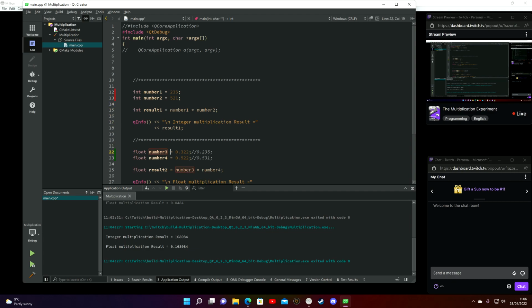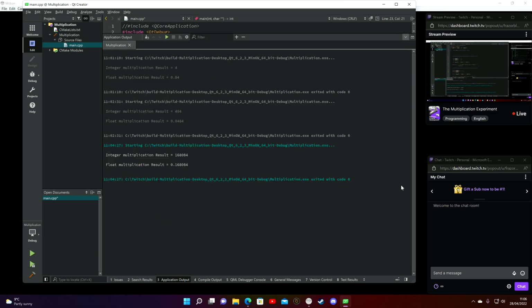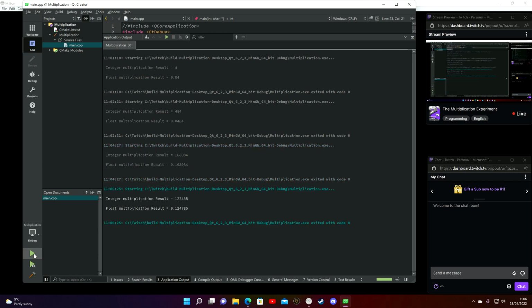And my first thought was, we can't use these two numbers in this experiment because they don't work. And then I thought, well, hold on, I'll have to prove that they don't work, so I put these numbers in first. Look what happens. Oh, they're not. 122, and it's 0.124.